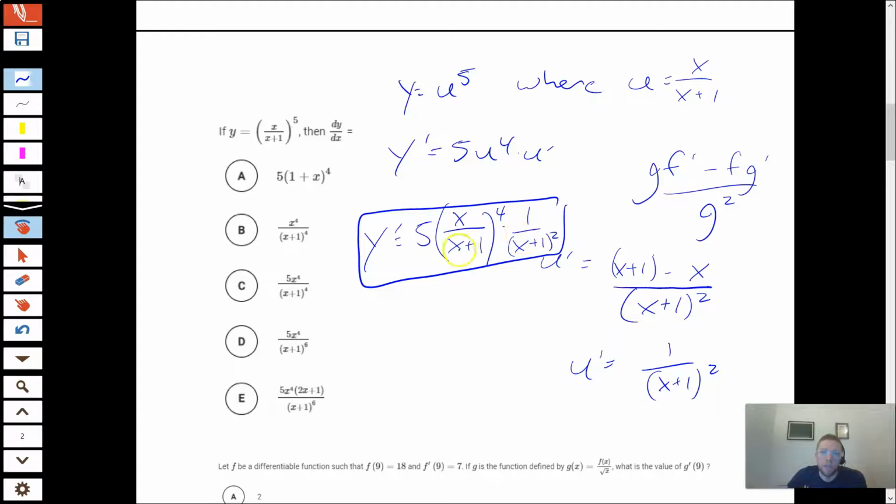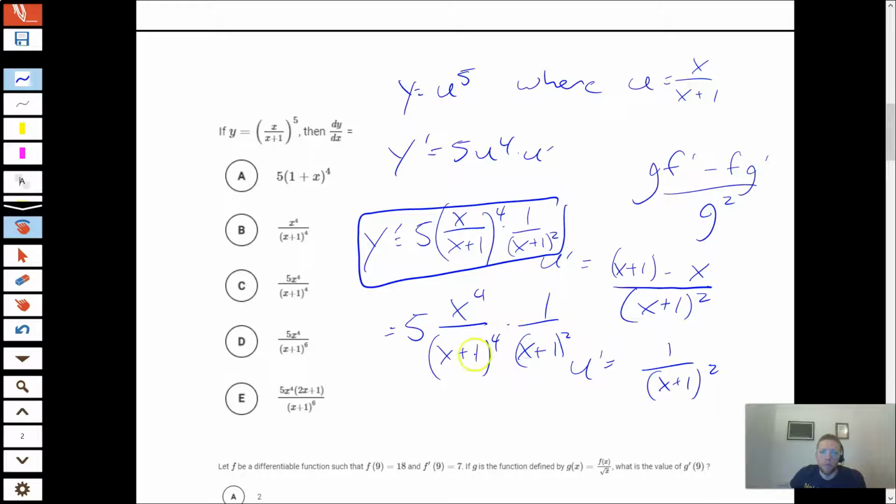What I need to do is combine these. So really, when I have x over x plus 1 to the fourth, I can rewrite that with the exponent just on the top and the bottom, x to the fourth over x plus 1 to the fourth, times 1 over x plus 1 squared.